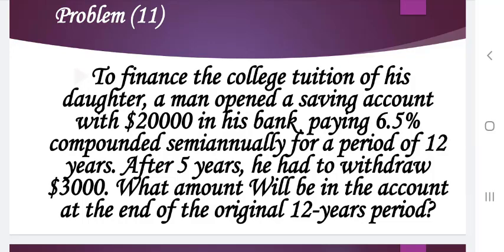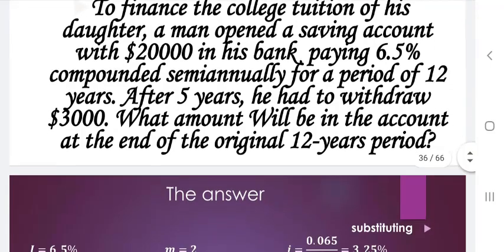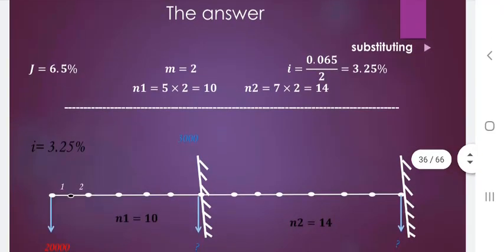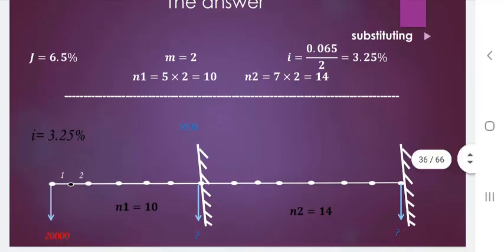This problem can be solved in two ways. The first way is the following. Look at the time diagram. He will start with a principal of $20,000. After 5 years, he will withdraw $3,000.